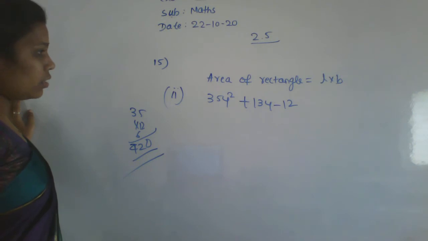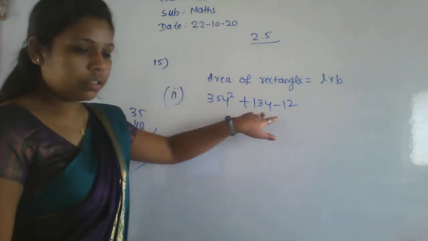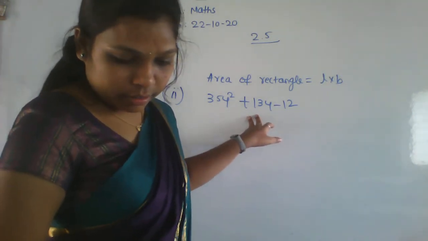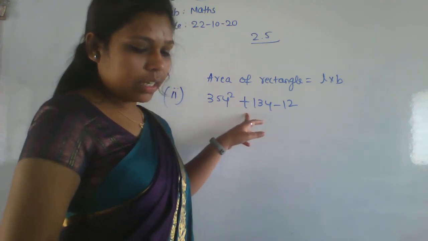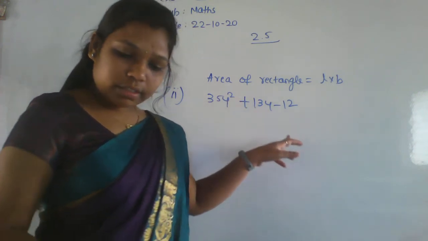So what is the middle term here? Yes, 13y only they gave, right? 35y squared plus 13y minus 12.